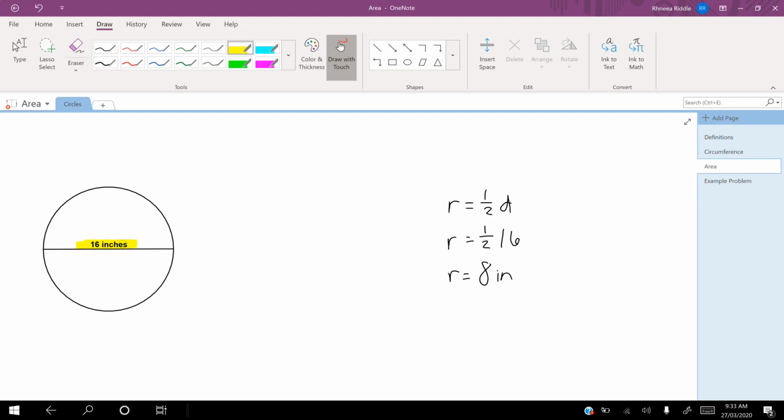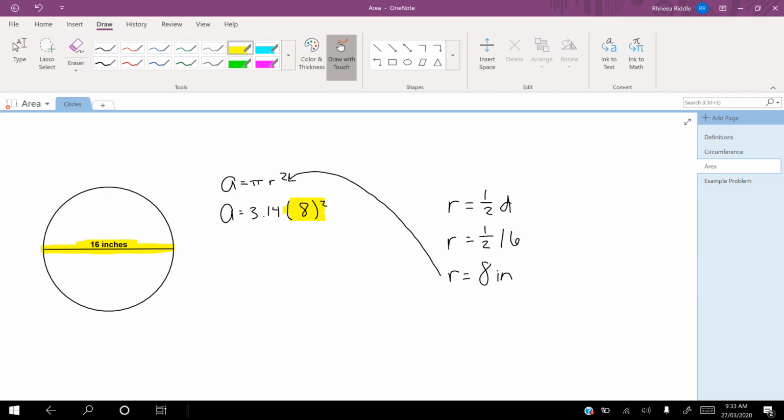And again, here is our diameter and how we got that 16. So we're going to use our area formula for a circle, A equals pi r squared. And we have our radius here, so we're going to plug that in for r. So A equals that 3.14 that we're using times 8 squared. And since the square is only with the radius, we're going to do that first.